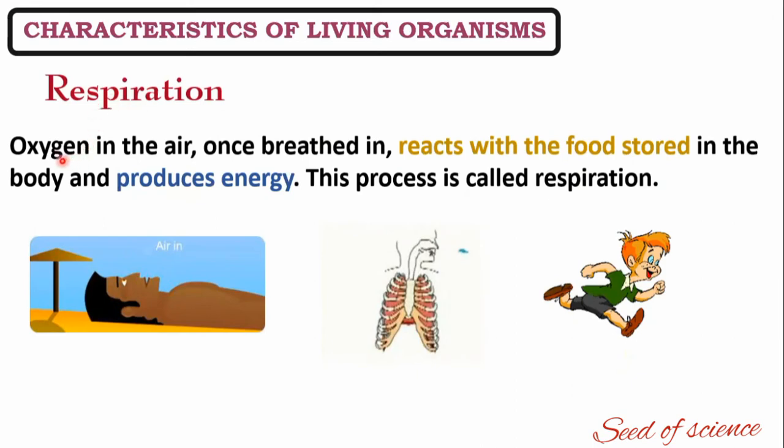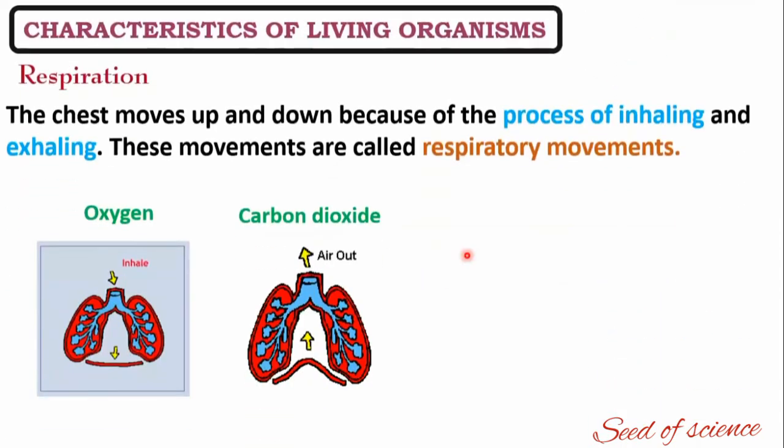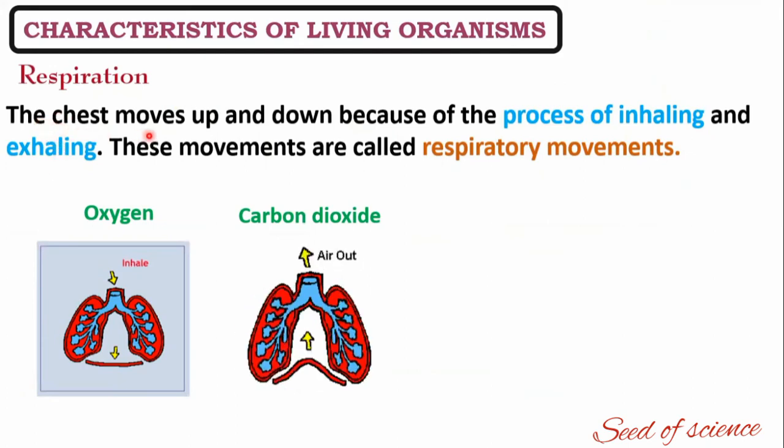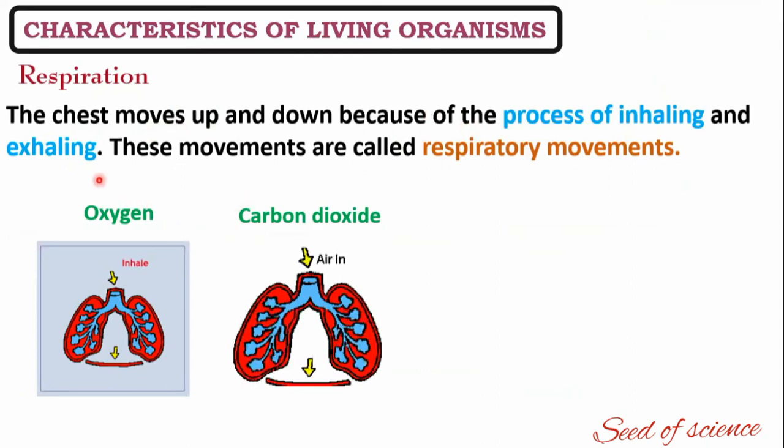So I'll read the definition. Oxygen in the air, once breathed in, reacts with the food stored in the body and produces energy, right? So this is what we call respiration. Okay, then what do you mean by respiratory movement? Respiratory movement means the movement of the chest by the process of inhaling and exhaling.